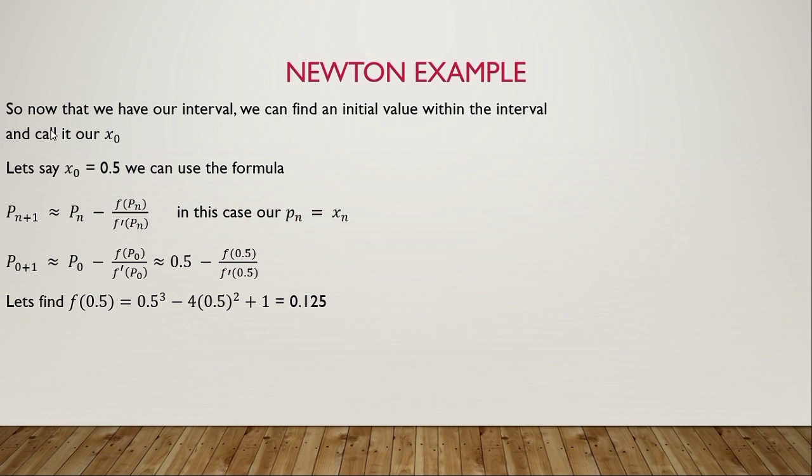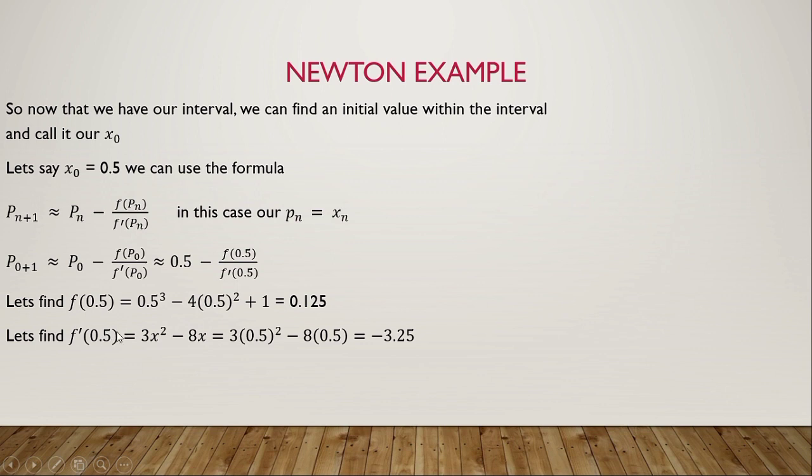Now we have to find the first derivative of f of x. Our function is x to the power 3 minus 4 multiplied by x to the power 2 plus 1, and finding the derivative of this function, we have 3x squared minus 8x.